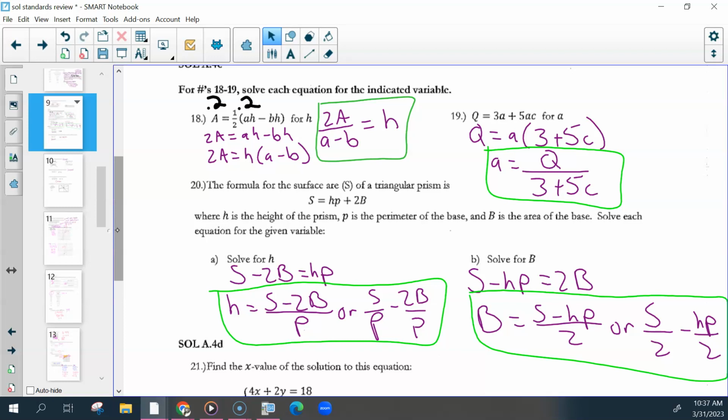So after you multiply by 2, the 1/2 goes away, and then these both have an h, and that's what we are solving for. So I undistributed this, and we'll talk about that later. Took the h out of both of them, and then divided both sides by a minus b to see what was left. So h equals 2a all over a minus b.